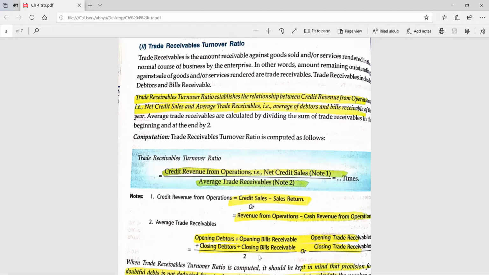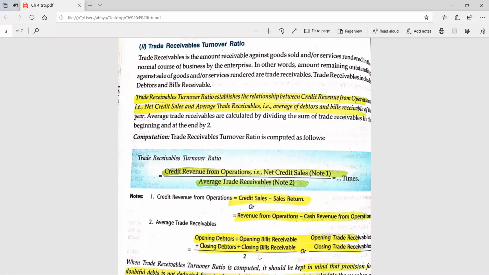So here the net credit sales will be taken. Credit revenue from operations. Cash sales will not be considered in this formula. The logic behind is this, that this ratio is about the trade receivables, and trade receivables occurred only when there are credit sales, not the cash sales. So the formula will be net credit sales or credit RFO upon average trade receivables.